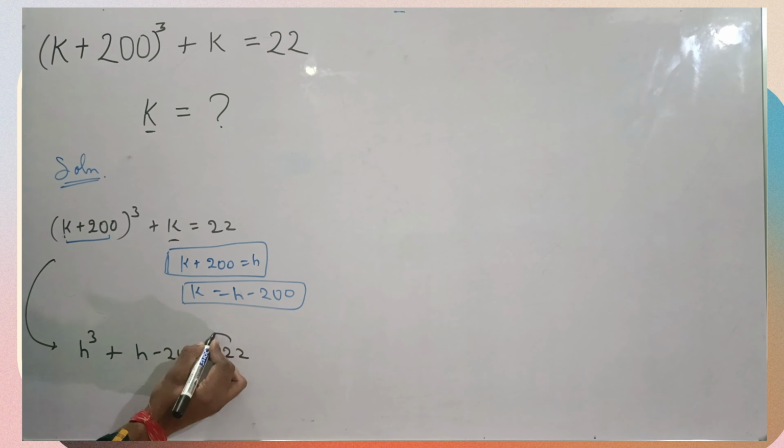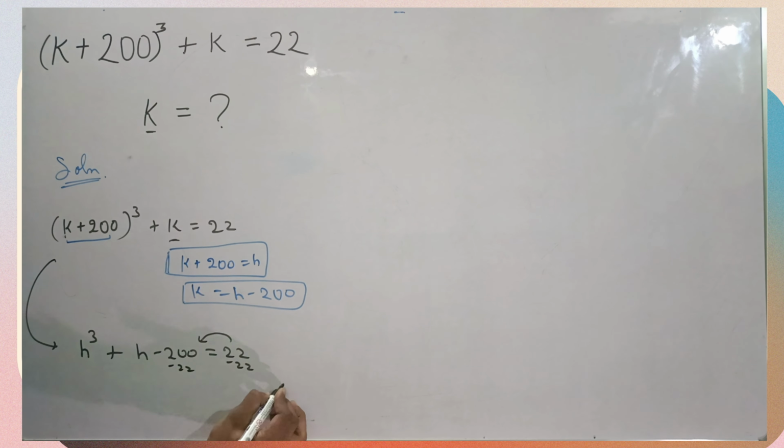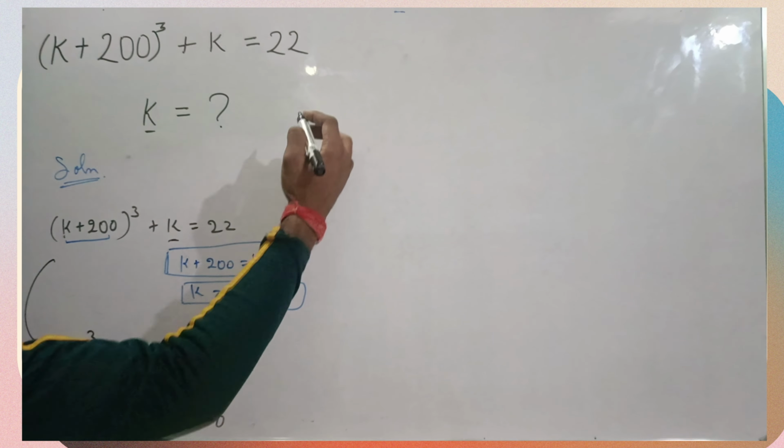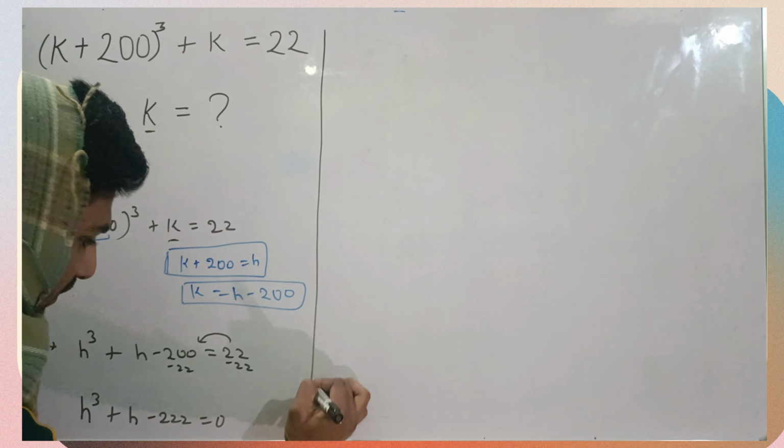Now we will bring the numerical term to the left side by subtracting 22 from both sides, and we get h cubed plus h minus 222 is equal to 0. Now we want to rewrite this 222 in a way that we can equate it with this cubic expression and easily get the solution.